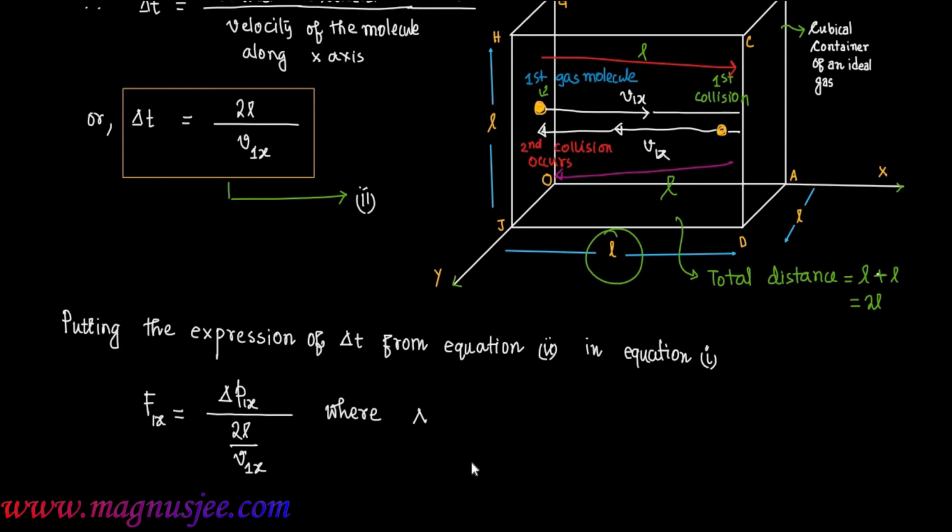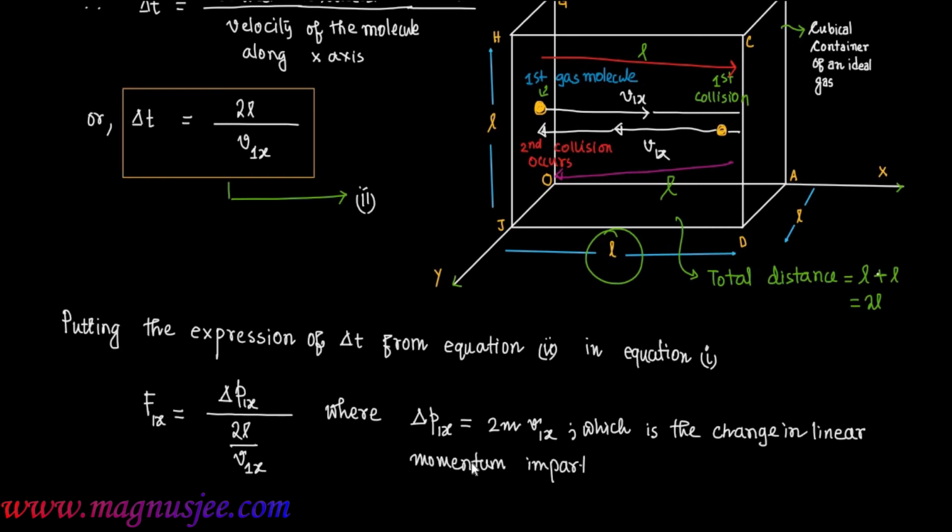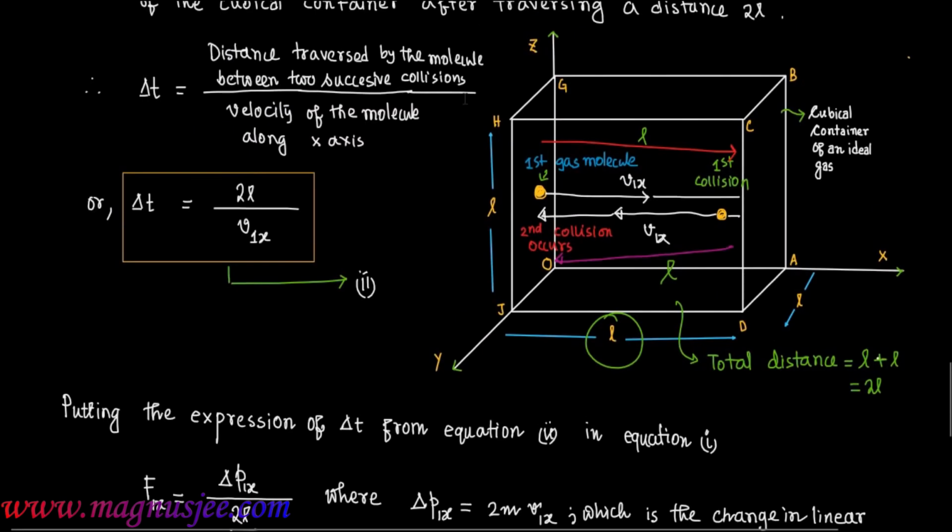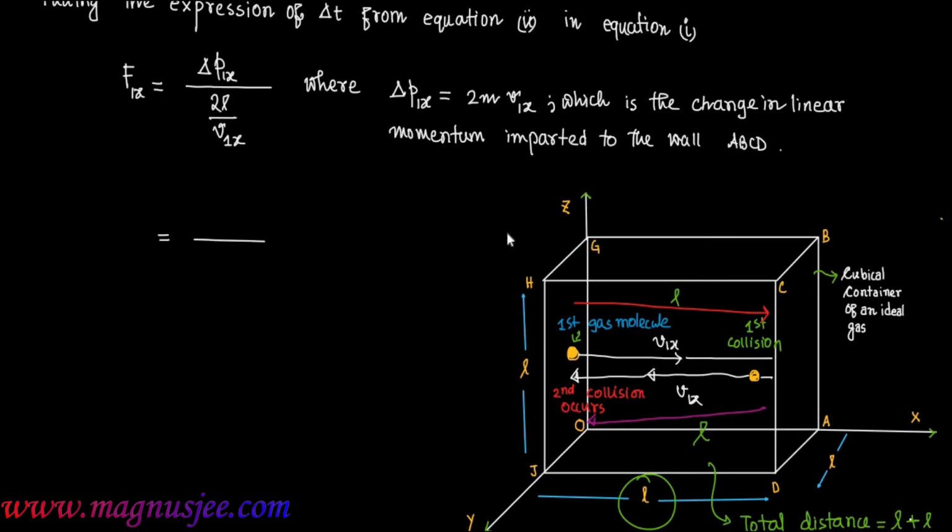Putting the expression of delta T, we get F1x as equal to delta P1x divided by 2L by V1x, where delta P1x is equal to 2m V1x, which is the change in linear momentum imparted to the wall ABCD, with which the first gas molecule undergoes the first elastic collision. So F1x is equal to 2m V1x divided by 2L by V1x, which is 2m V1x divided by 2L by V1x.